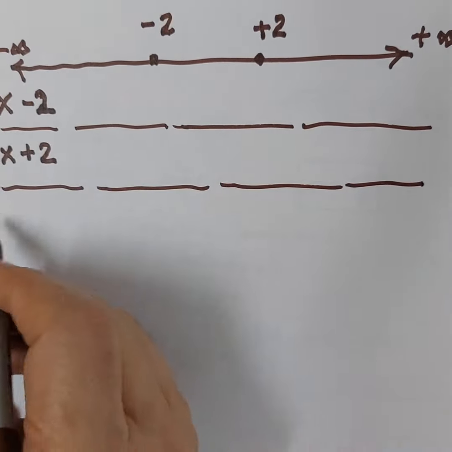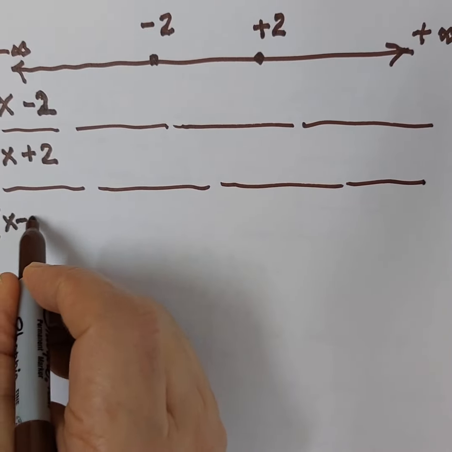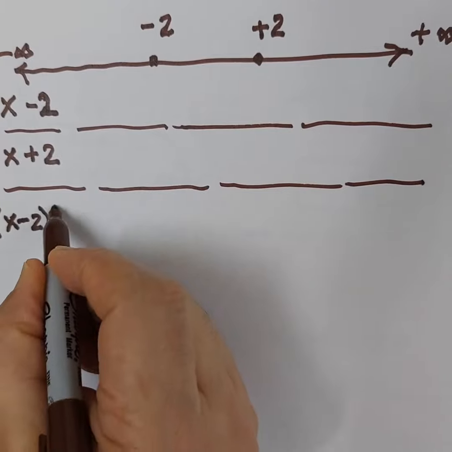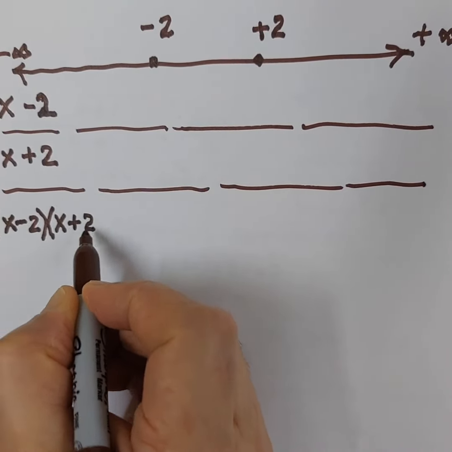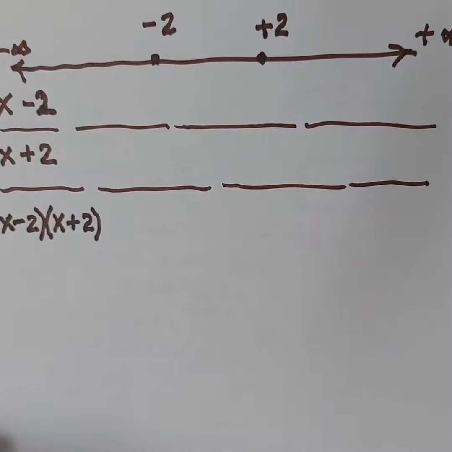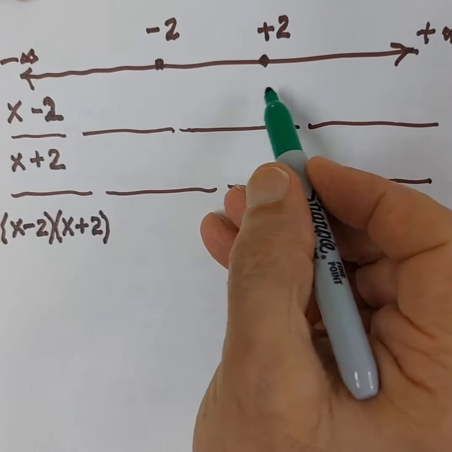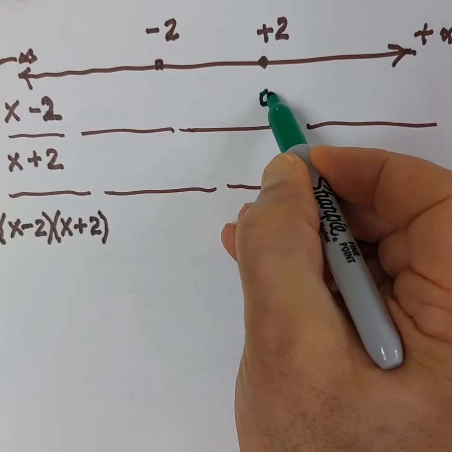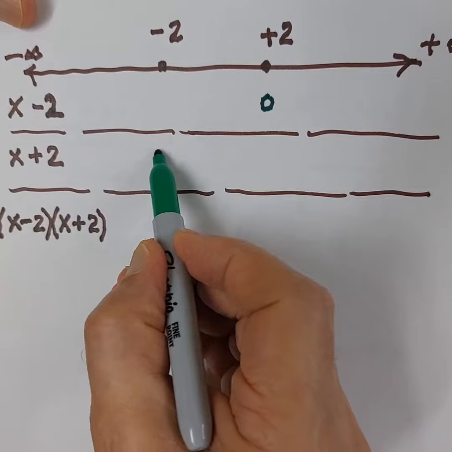After then, we see the result of multiplying x minus 2 by x plus 2. According to this result, we know that x minus 2 is equal to 0 under this number, and x plus 2 is 0 under this number.